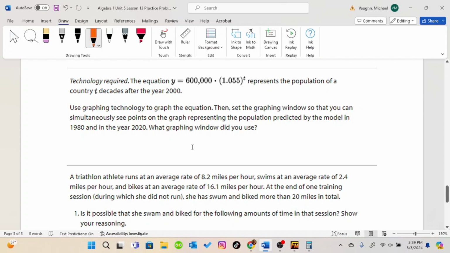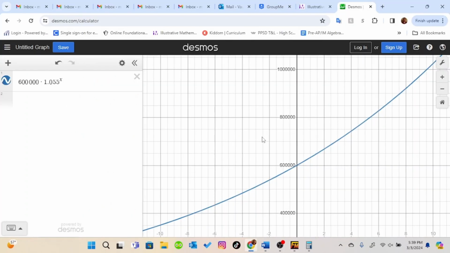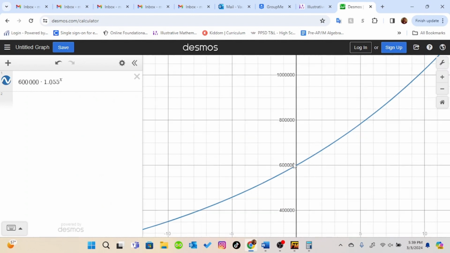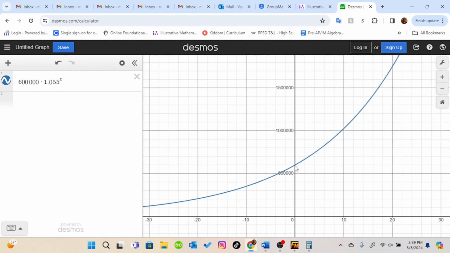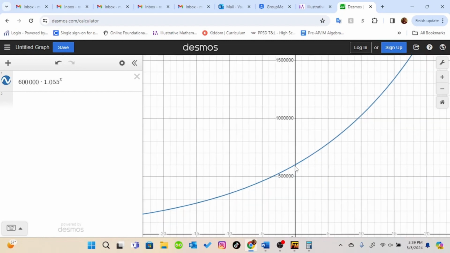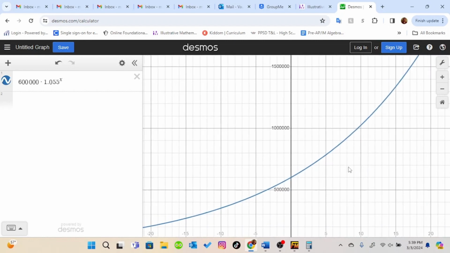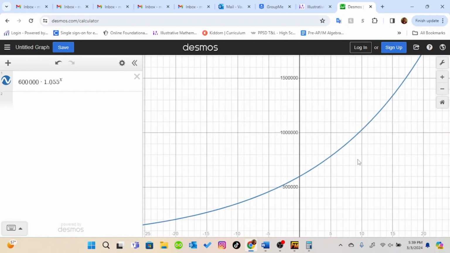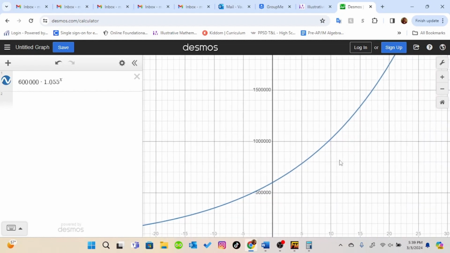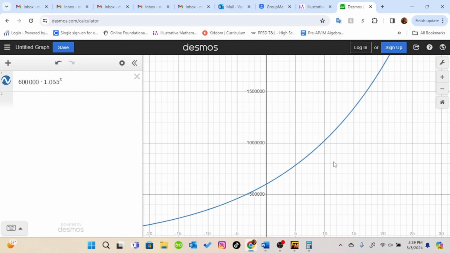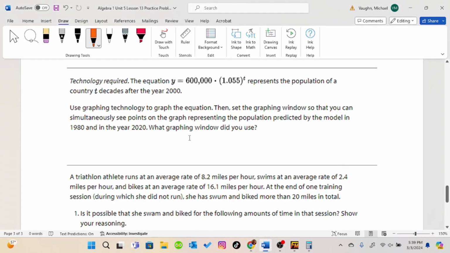So first I went ahead and typed this equation into the Desmos.com calculator, and we got this blue line right here. Now, one thing to know, we need to see 1980 and 2020.